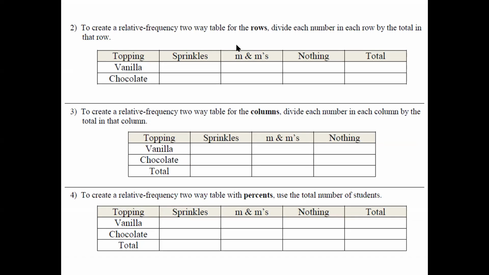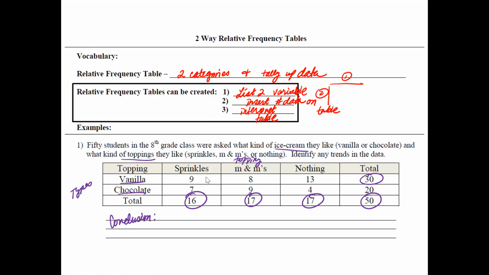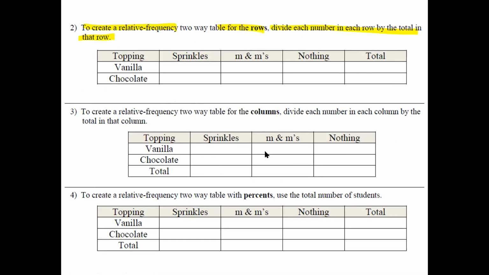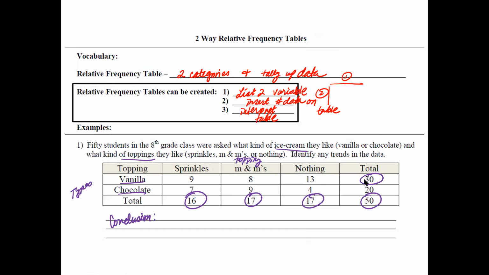All right, so now what I want you to do is go ahead and create a frequency table for the rows, and I want you to divide each number in each row by the total number of that row. Looking at vanilla: sprinkles, M&M, nothing, that's 9, 8, 13, and the total is 30.